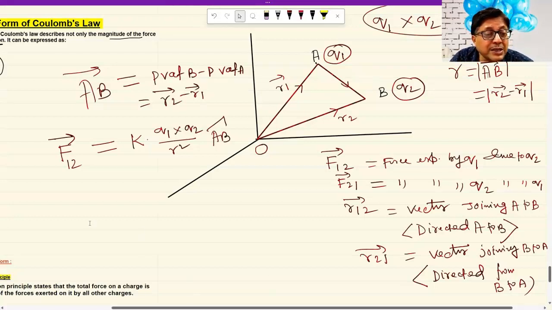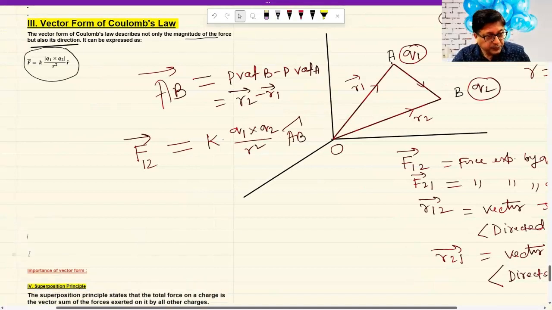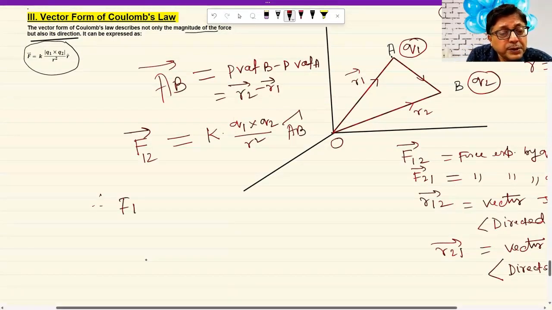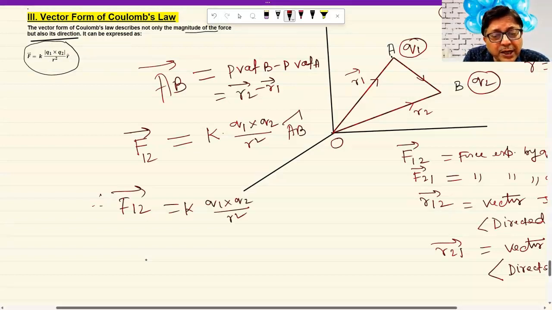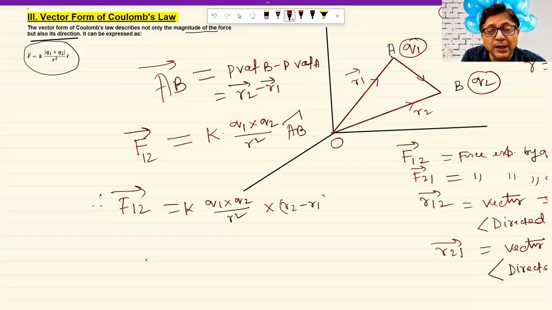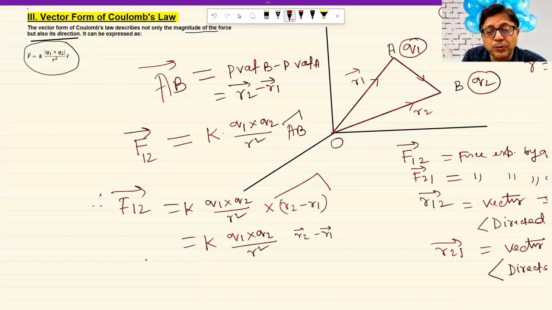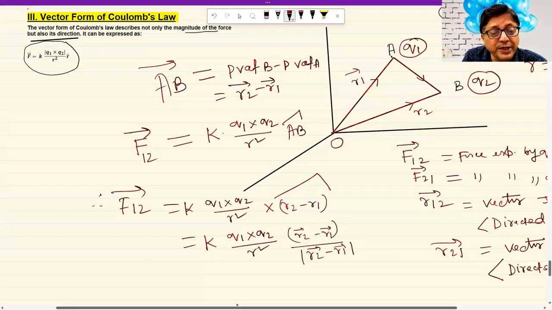So what is going to be now? Let us see that F12, if you write, it will be K Q1 Q2 by R square, multiplied by the unit vector along R2 minus R1. So this is K into Q1 Q2 by R square, and you write R2 minus R1 vector divided by mod of R2 minus R1.